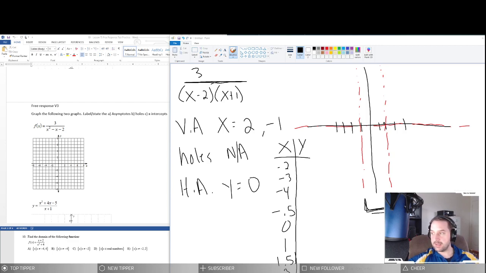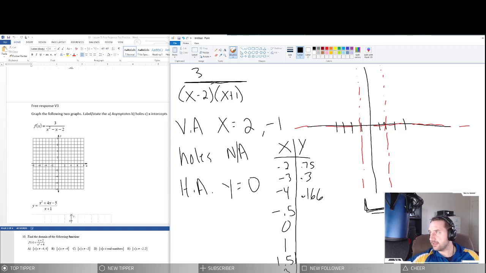If I plugged in -2, that's going to give me 0.75. If I plugged in -3, that's going to give me 0.3. If I plugged in -4, that's going to give me 0.166.